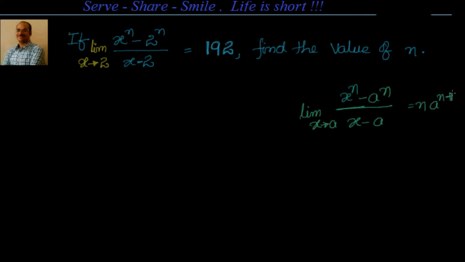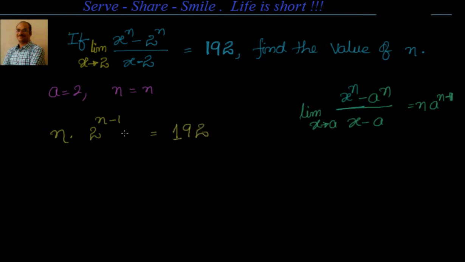So what is the value of n here? n is n only, a is nothing but equal to 2. So if I substitute in the formula, this limit is nothing but equal to n into 2 to the power of n minus 1, that should be equal to 192.